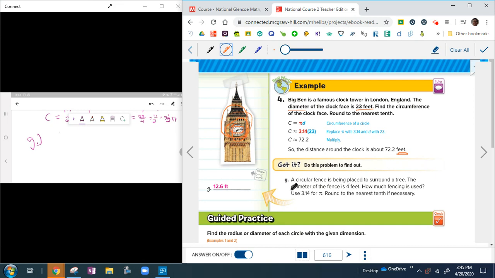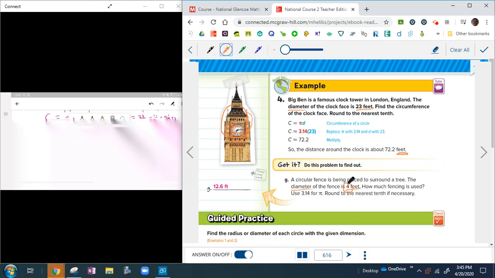So since we've been given the diameter, we are going to choose to use the circumference formula that has diameter in it. Oops, I forgot pi. There we go. Pi times diameter. So circumference equals, noticing that the given diameter is 4 feet, right? That doesn't play nice with the number 7 of 22/7.